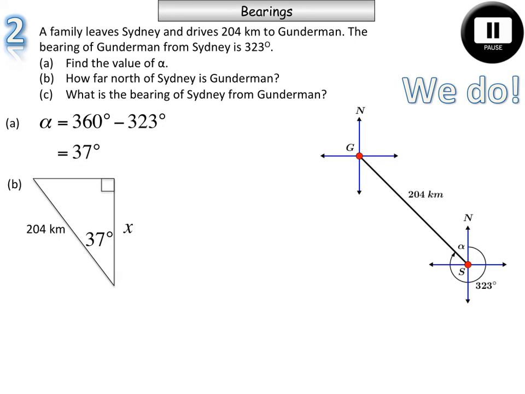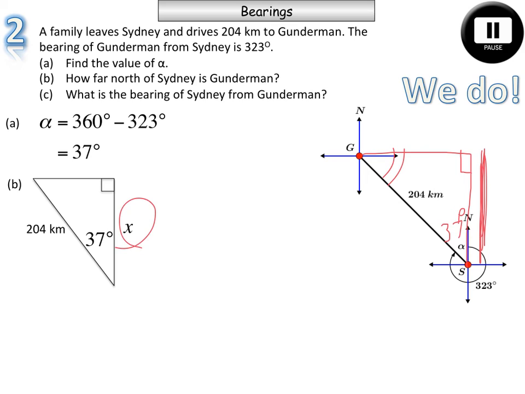Constructing a right angle triangle needs to be a right angle. We worked out that that was 37. We can work out that other angle if we wish, which might help us later. We're working out how far north of Sydney is Gunderman, so we're working out that distance here.